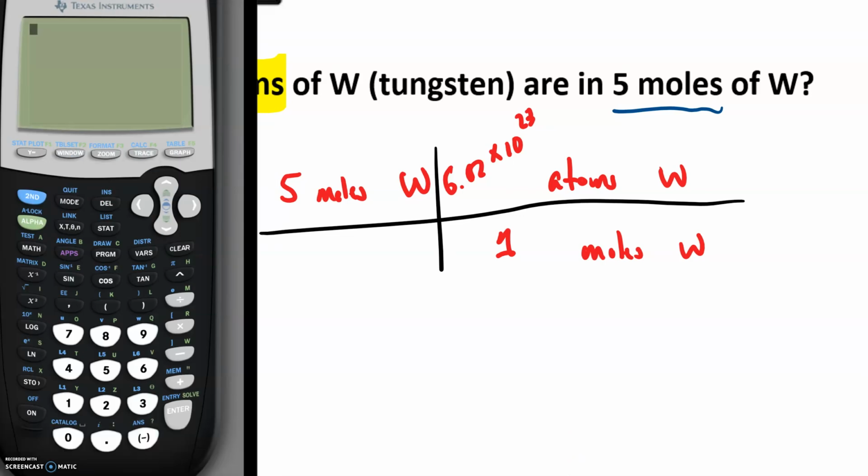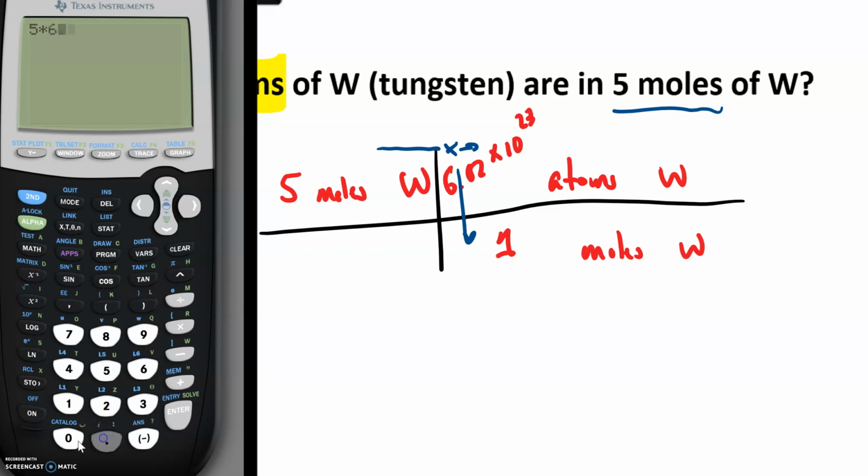So let's bust out our calculator. So our calculator's here, and what we're going to do is multiply across the top and divide by the bottom. And what that means is we're going to take 5 and we're going to multiply this by 6.02 times 10 to the 23rd. Now, I may have reminded you of this earlier, but let me say it very clearly again. The way we want to enter our exponents is with this function, exponent entry. We don't want to use this.